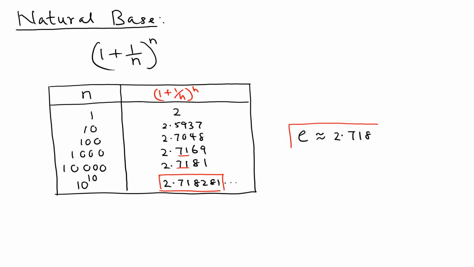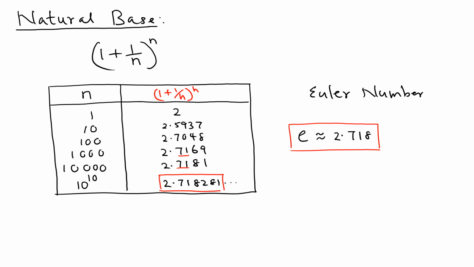This is called the Euler number. It's named after Leonhard Euler. He's a Swiss mathematician, and he's the one who found this. He studied a lot of interesting things.